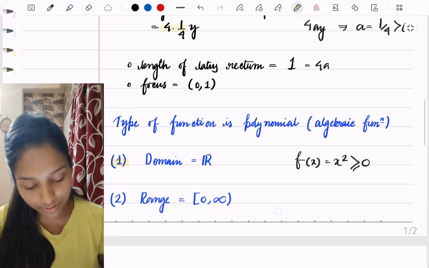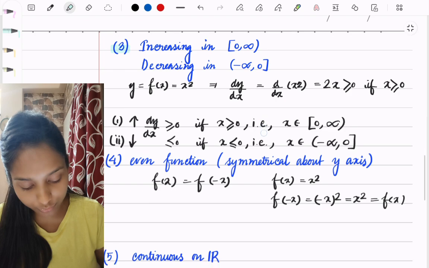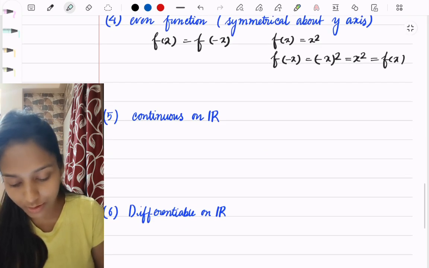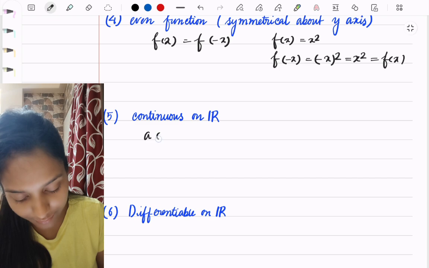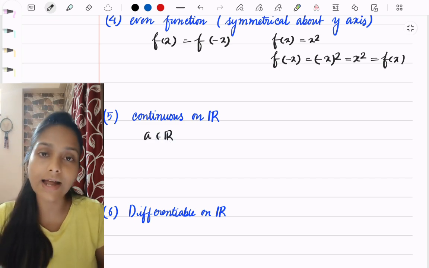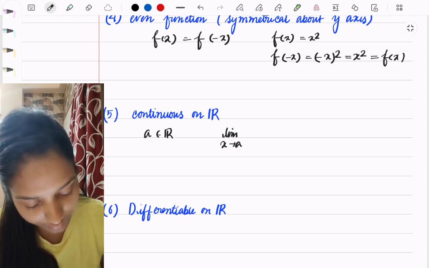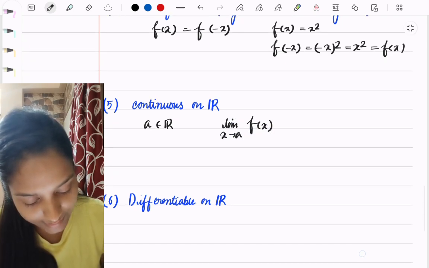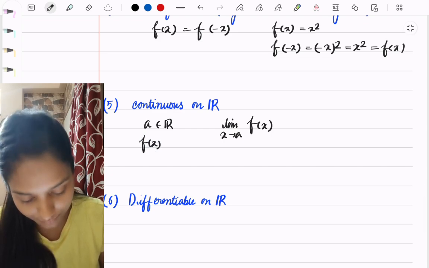So this function is again a differentiable function. So let me come to the properties to prove. So for continuity, what we must do? Suppose we have a belongs to R. a is an arbitrary real number. So limit x tends to a, f(x). What is f(x) here? f(x) is x square.